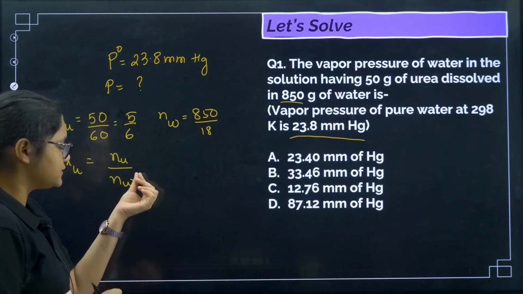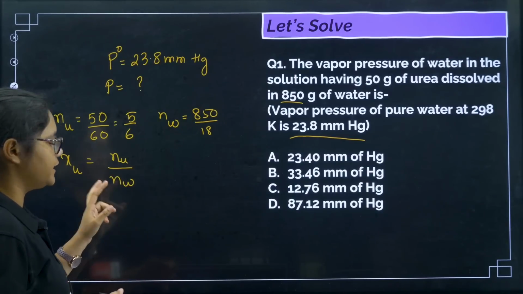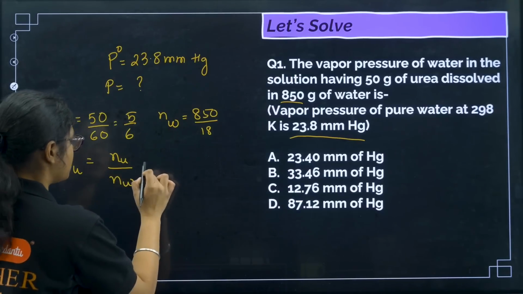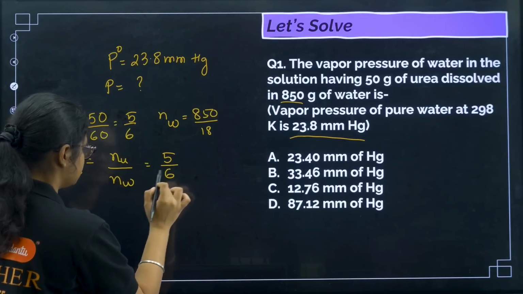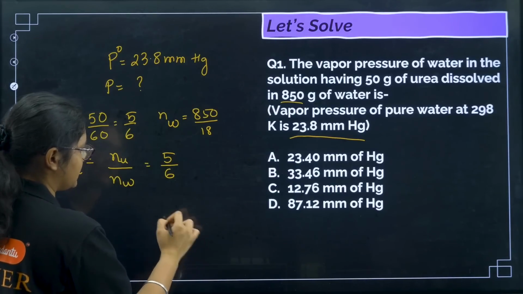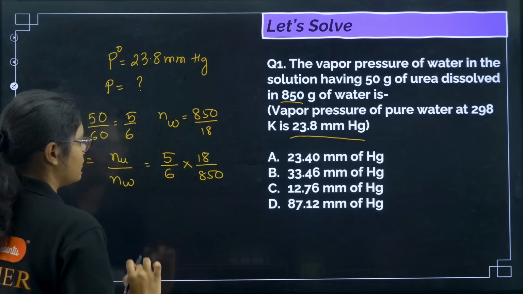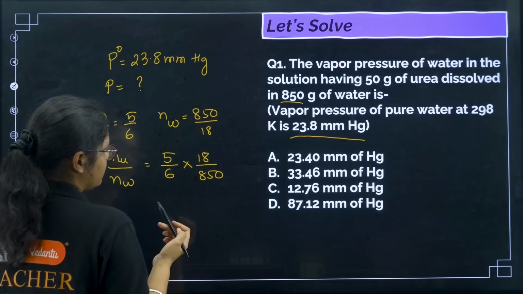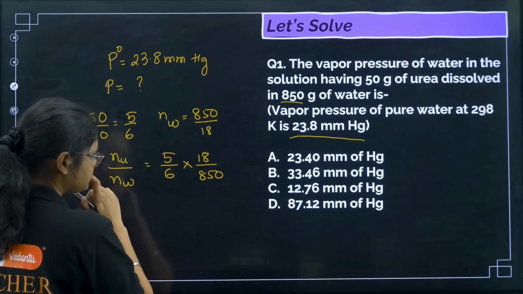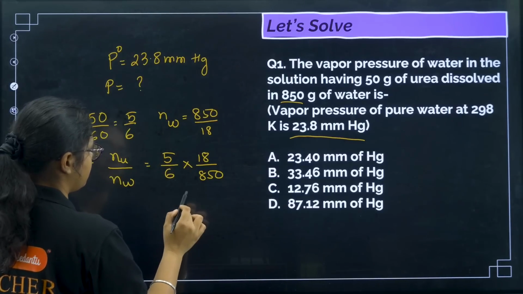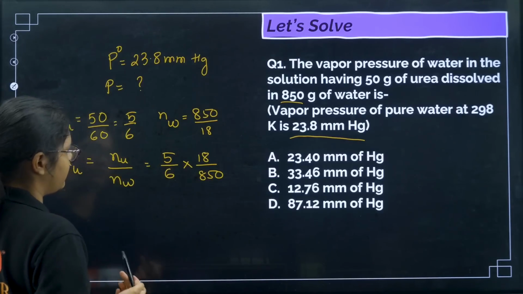I told you if there is a big solvent, we can generally eliminate the number of moles of urea in this formula. So what I will get here is 5 by 6 divided by 850 by 18, and if I just multiply it, it will become 18 by 850.